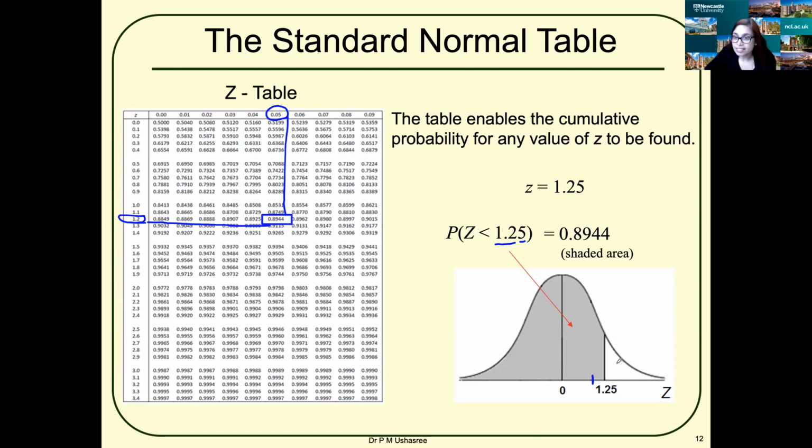The unshaded region, what does it give you? That gives you the probability of finding Z greater than 1.25. And you know that the total probability is 1.